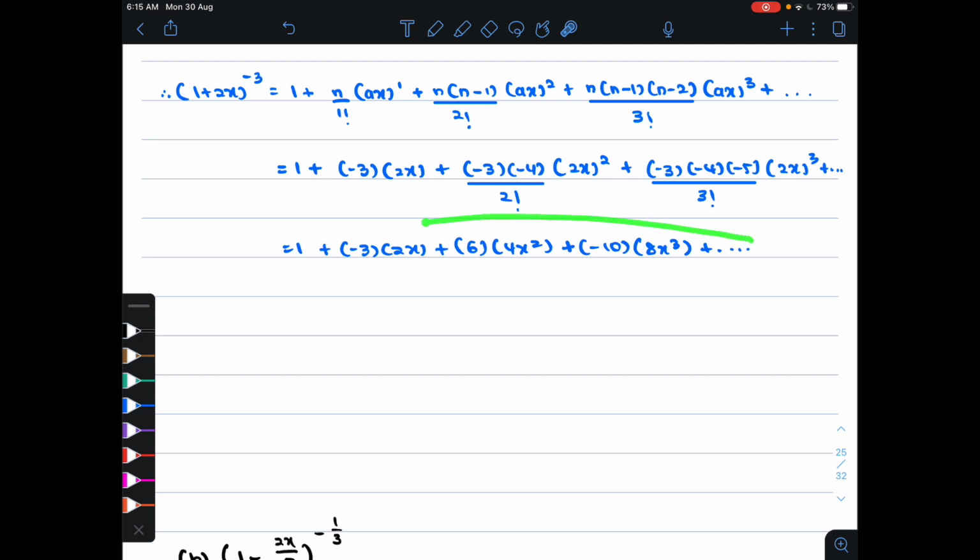So now just simplify everything here. And the answer is 1 minus 6x plus 24x square minus 80x cubed plus dot dot dot. So this is the binomial expansion of 1 plus 2x to the power of negative 3.